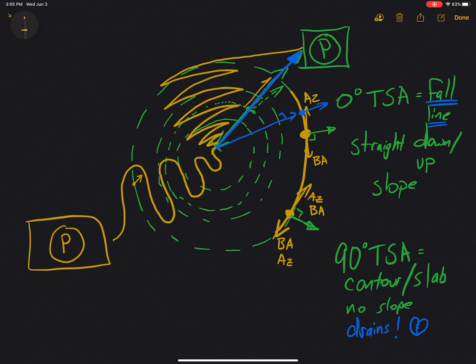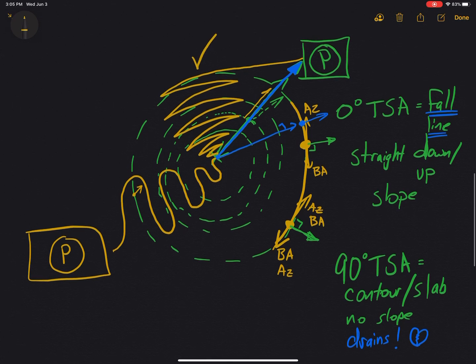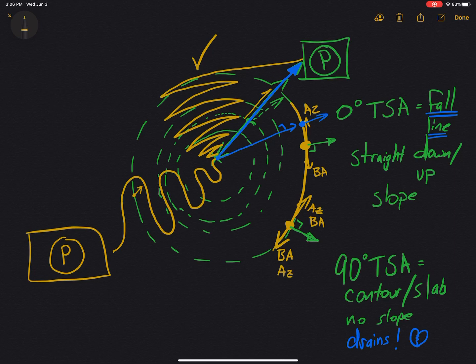So the answer for a good sustainable trail that has a low maintenance alignment, like our mountain biking trail or our hiking trail with switchbacks, is going to be some optimized compromise between staying away from a fall line trail and being a contour trail as much as possible, but that also gets us up to the summit.